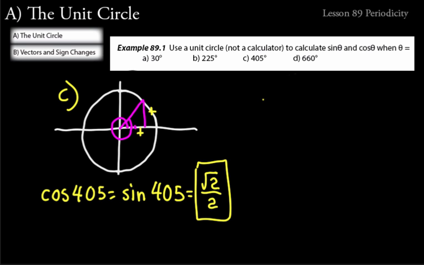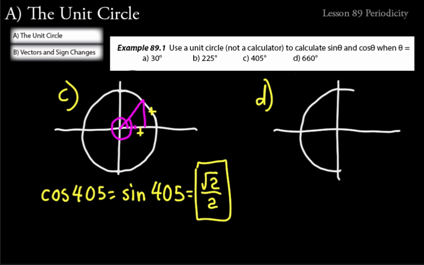And let's do one more. Sine and cosine of 660 degrees. So one more time, we want to draw a unit circle. Notice that's always our first step on these, drawing that unit circle as closely to a circle as you can. And then we're going to think about our coterminal angle here.